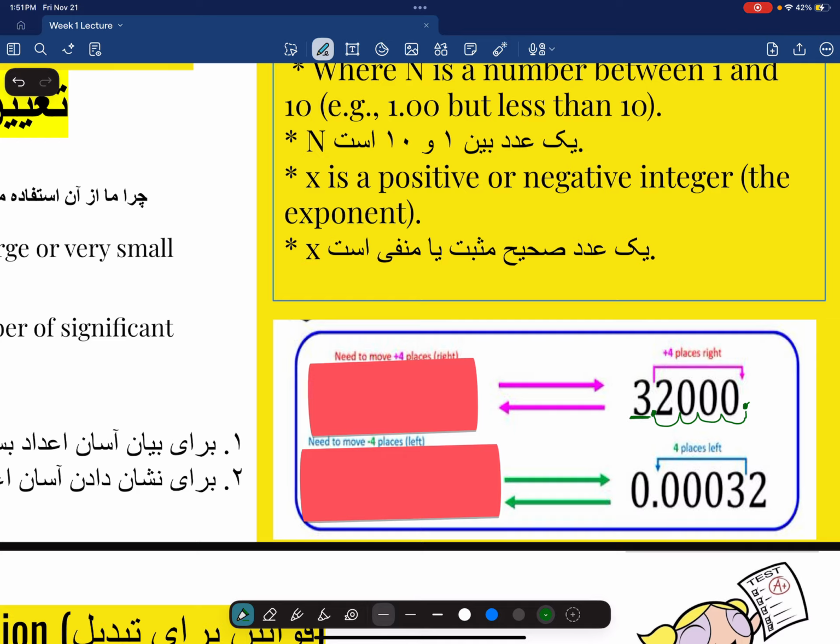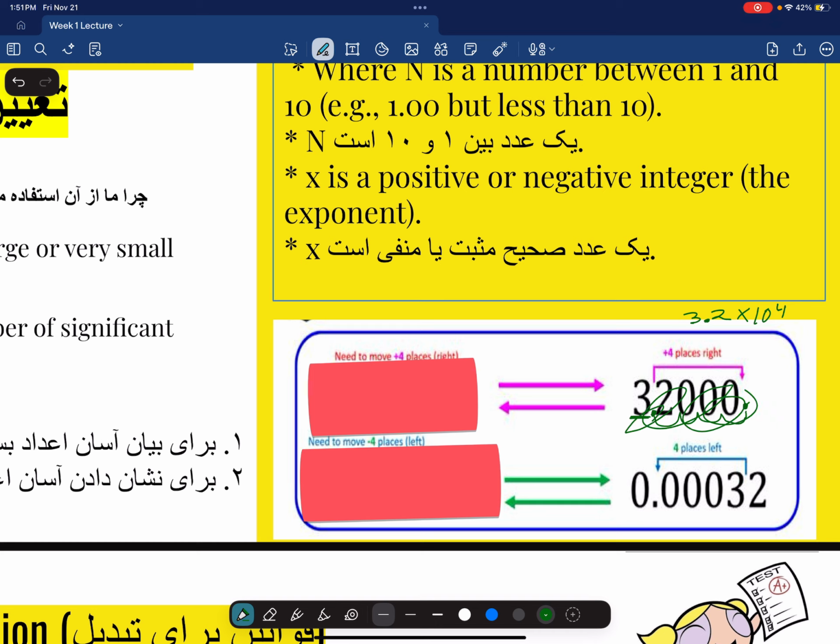So it's going to be 3.2 times 10 to the 4th power.